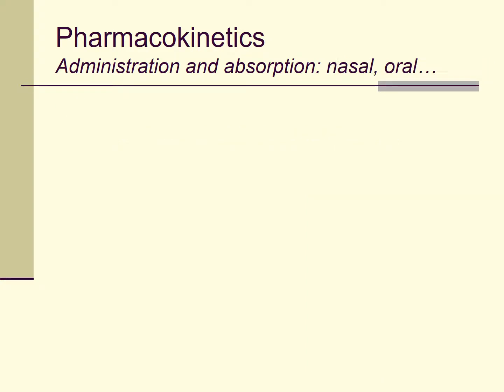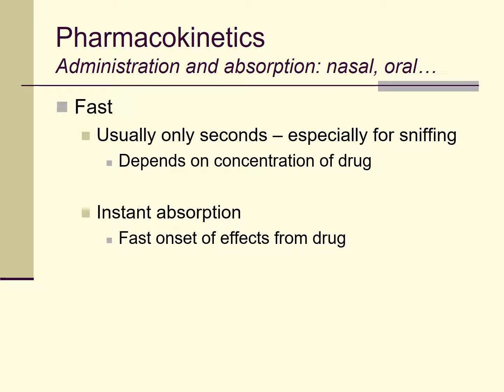Anyway, moving on, whether we're talking about nasal tissue, oral tissue, or even rectal tissue, this is a relatively fast way of absorbing drugs, at least drugs which are water soluble, and almost all the drugs we're talking about in this class are. It's usually only a matter of seconds before the drug can be absorbed into the body, especially if you're sniffing the drug. It depends, of course, as always, on the concentration of the drug that we're using.